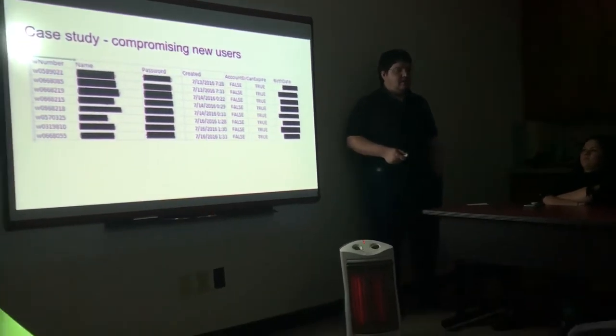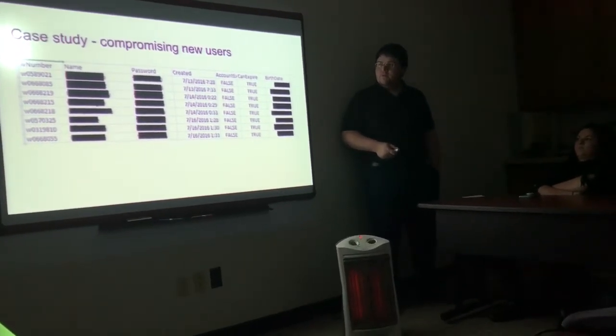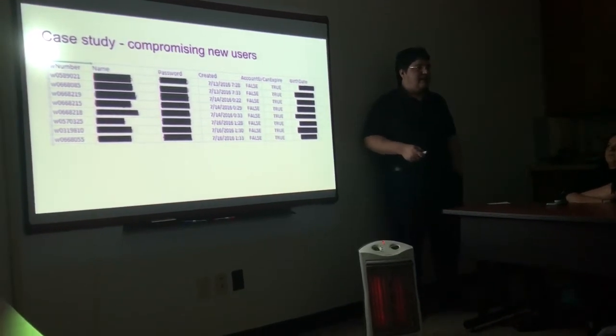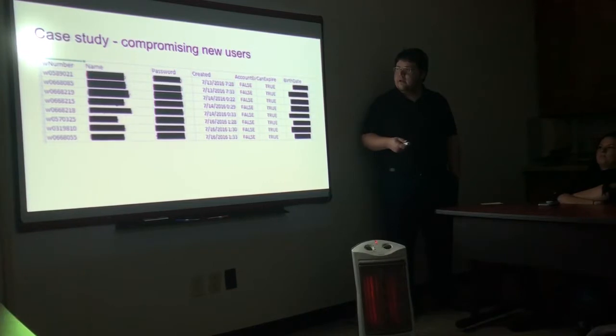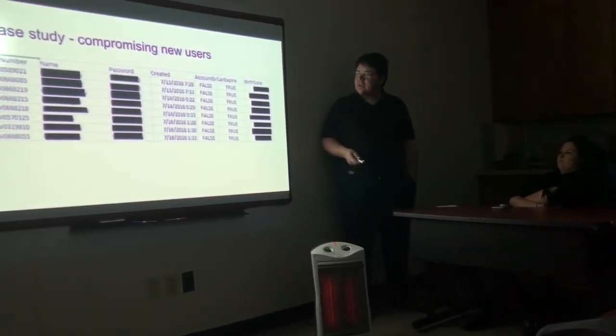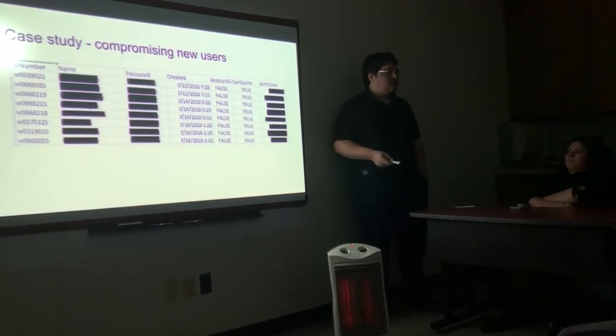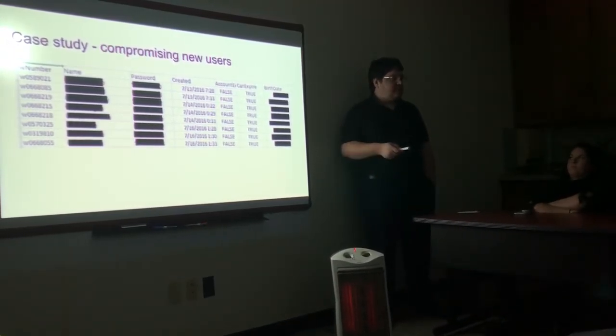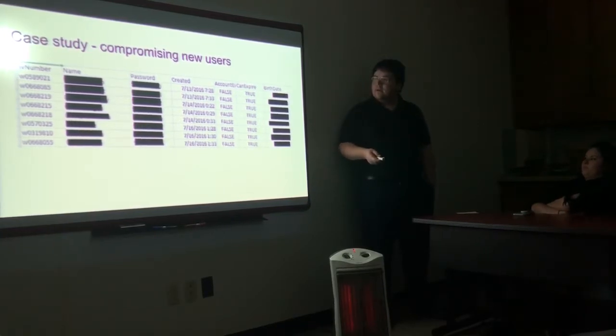Alright, so here's another case study on authentication, specifically compromising new user accounts. I mentioned that we use Microsoft Active Directory for single sign-on in the university, and that has your W number and all of your information to log into your account. I also mentioned that your initial password, if you're a freshman, is S plus your birthday.